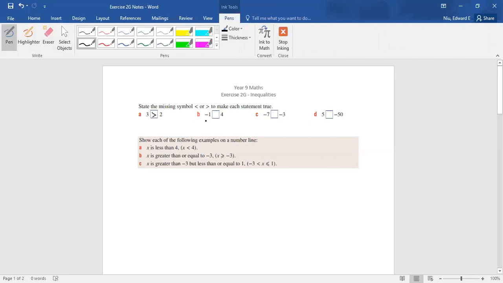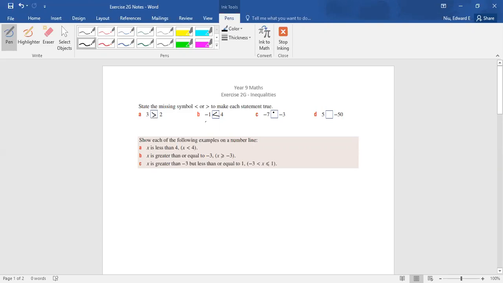For B, -1 versus 4, well, we know -1 is smaller because it's on the negative side. -7 versus -3. Remember, when we're dealing with negatives, the number that is closer to 0 is always larger.